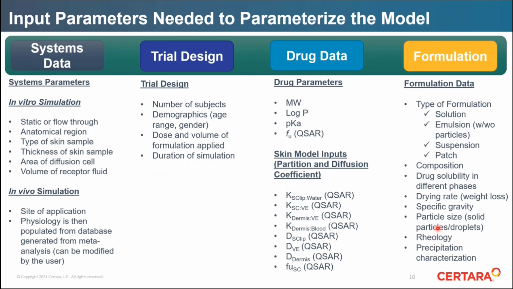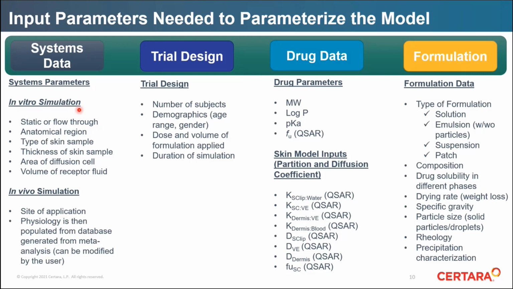And what kind of input parameters do you then need? It's a busy slide, and you need quite a lot of parameters for these models to work. However, a lot of system parameters are provided by the software itself. For in vitro simulations, you can either simulate a static or a flow-through cell.